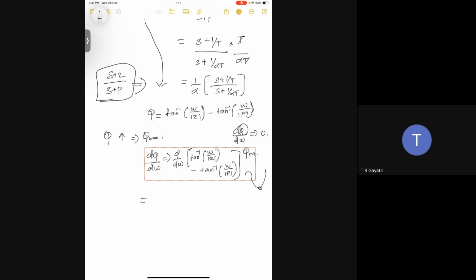The derivative of tan inverse of A is 1 by 1 plus A square.